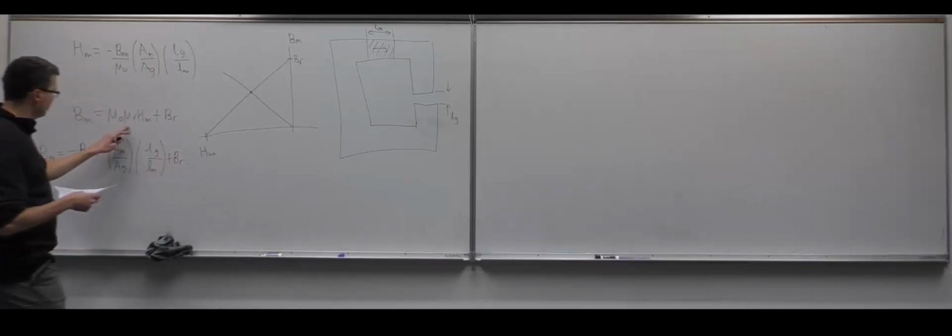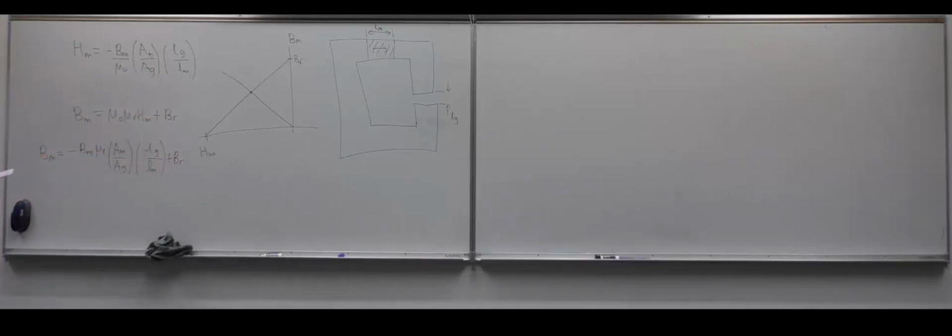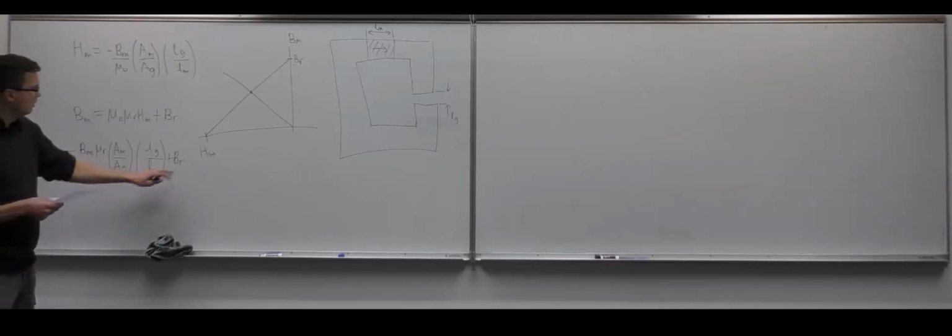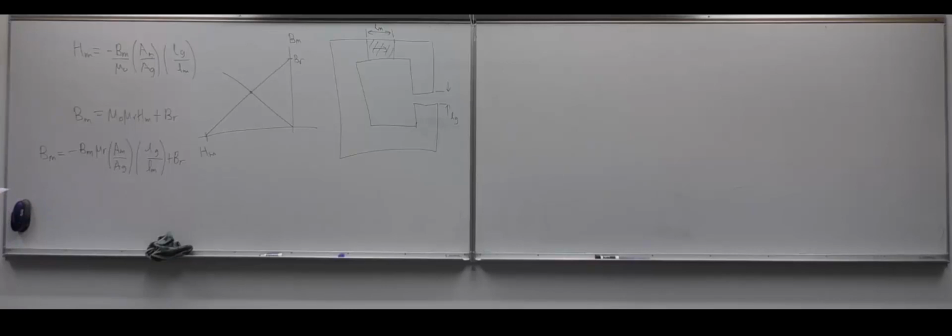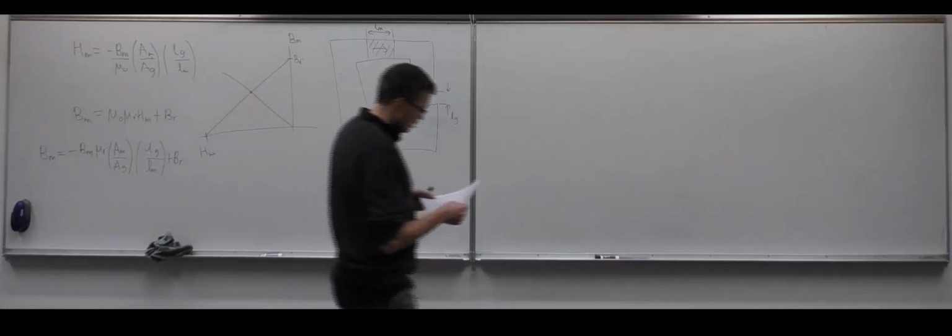So in here we've got the mu r as well, you see. Now, this is in terms of magnetic flux density, Br and Bm. Now we could convert this into flux by multiplying by the area. So let's do that.